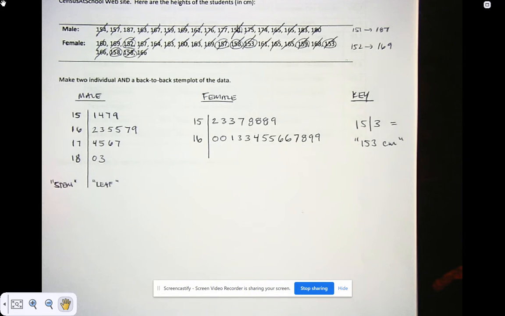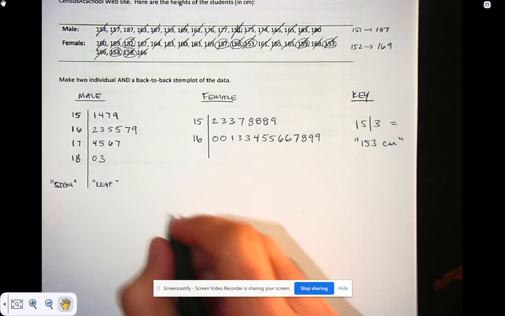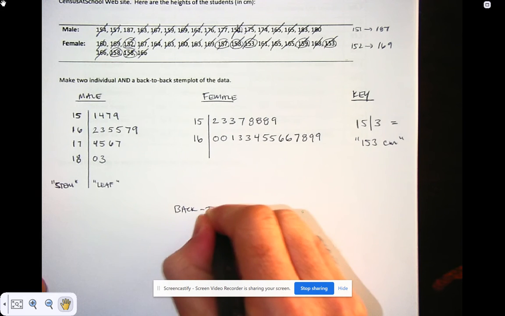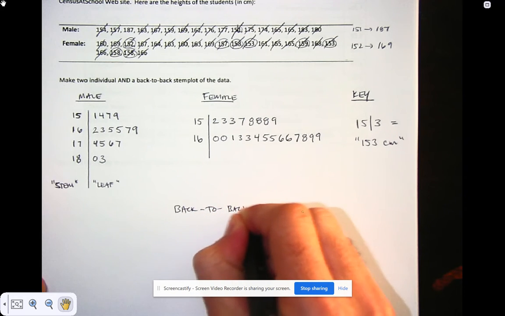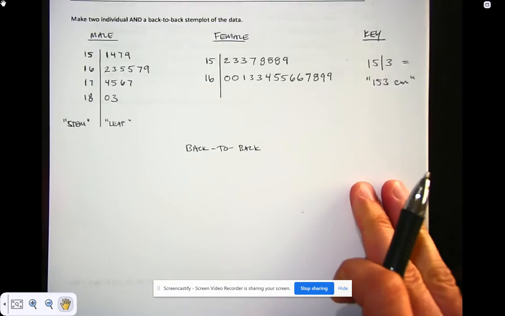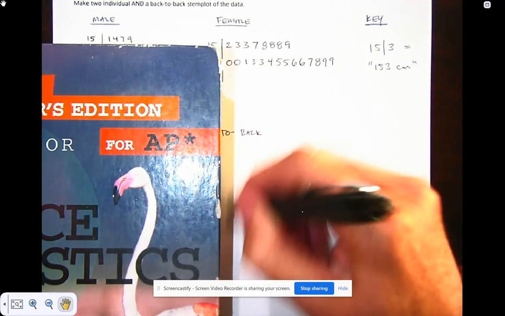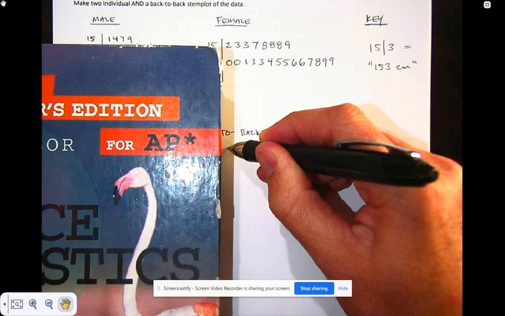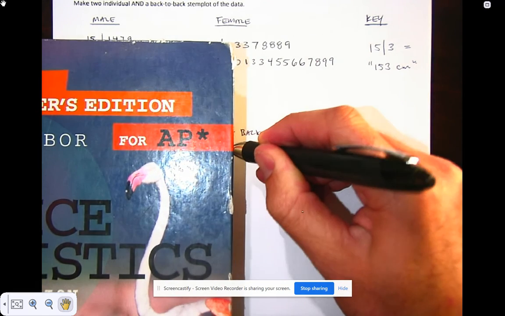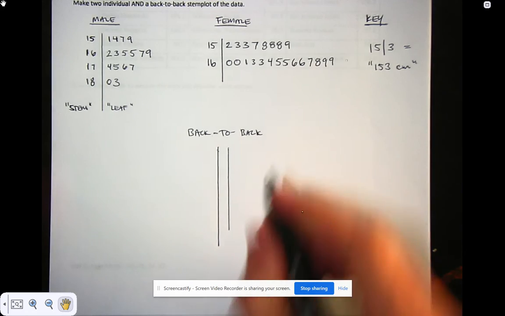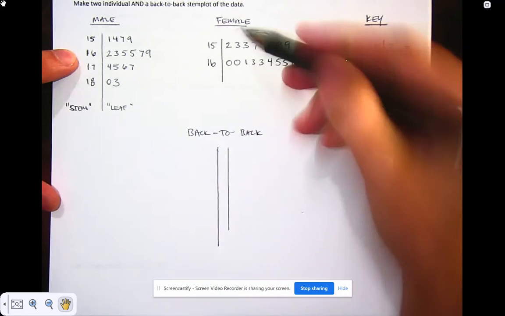Okay? All right, so technically we could do what's called a back-to-back stem plot. What you do is it's real similar. We already have all of our data here, so it's not nearly going to take us as long. So we just draw 2 bars. Okay, and what we do is we put the numbers inside, and you have to make sure and have all the numbers for everyone.